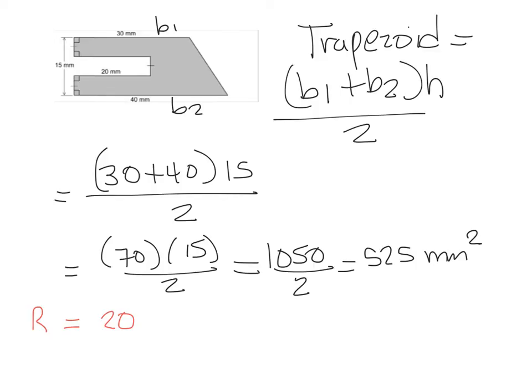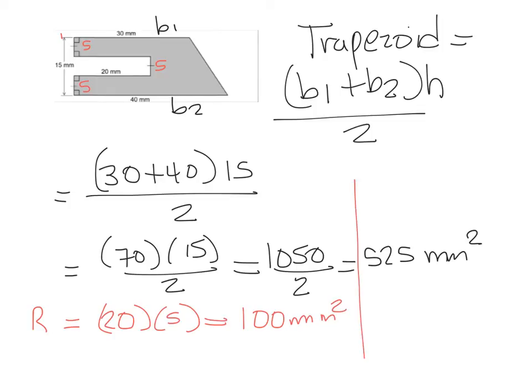And if that is so, that will mean that this is 15 divided into 3. So that makes this a 5, and a 5. So the rectangle is 20 times 5, which is 100 millimeters square that we need to subtract.